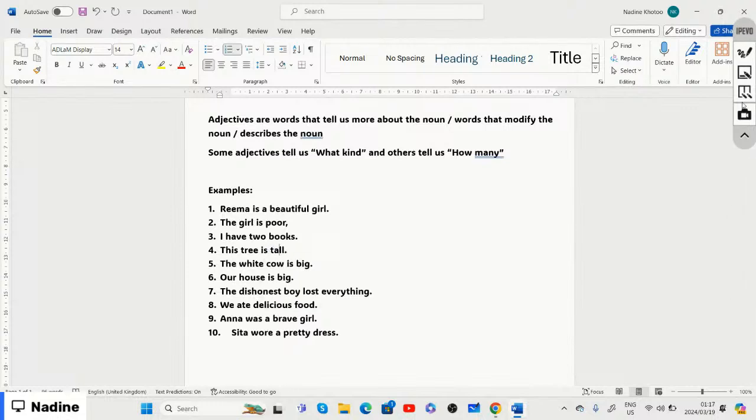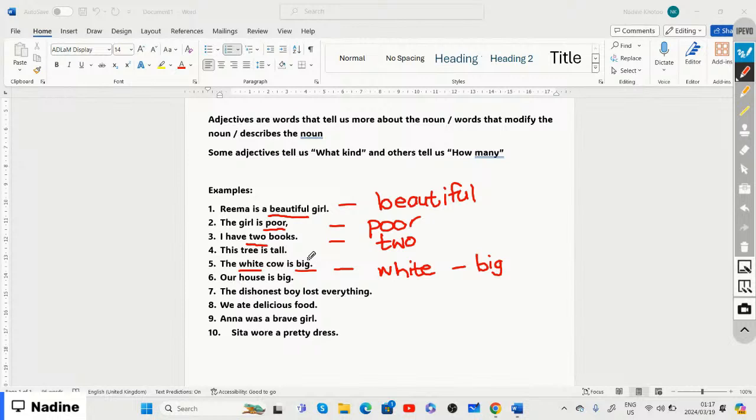All right. If we look at this one that we skipped, number four says, the tree is tall. If we were to describe that tree, it basically tells us what kind of tree.